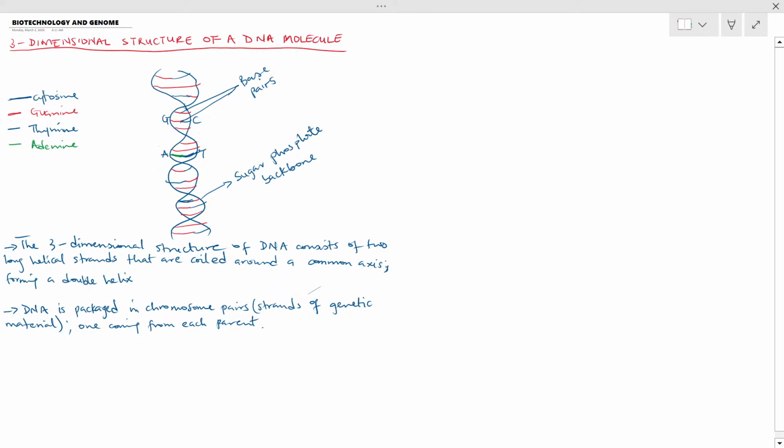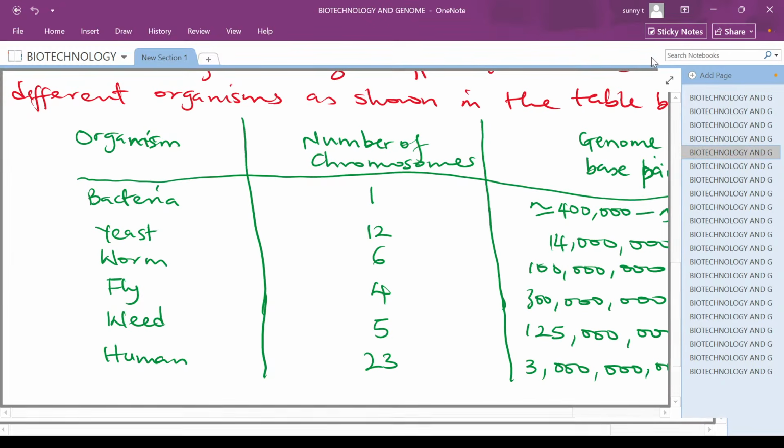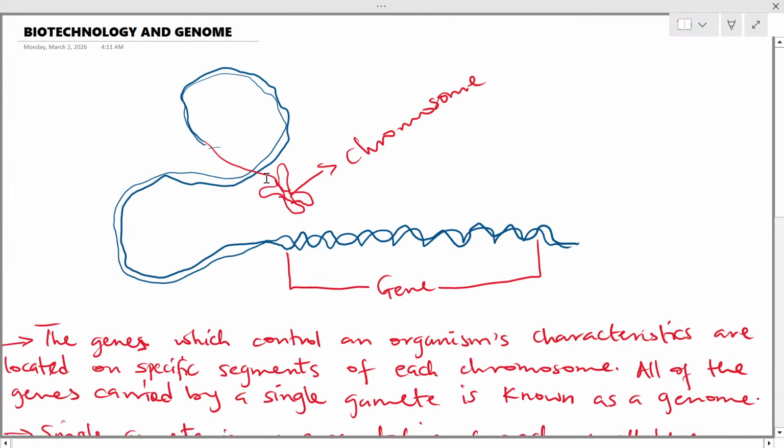So DNA is actually packaged in chromosome pairs, which are strands of genetic material, one coming from what? Each parent. All right, so this is a schematic diagram of what the chromosome looks like, and the genes.